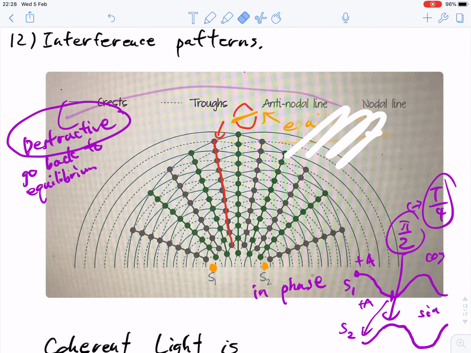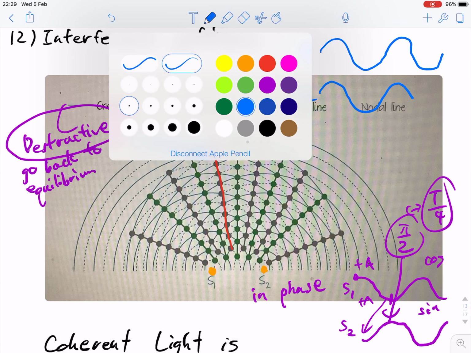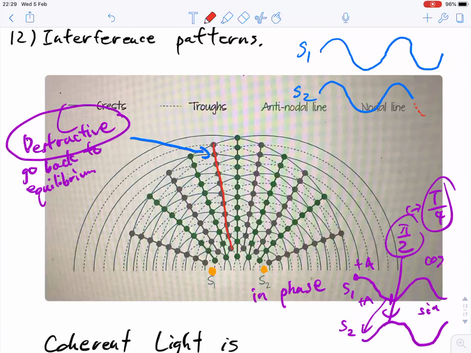Let's say a wave from S1 is something like that, and we have a wave from S2. We're going to try to combine these two together, and what's happening is this is missing any multiple of half a wavelength.